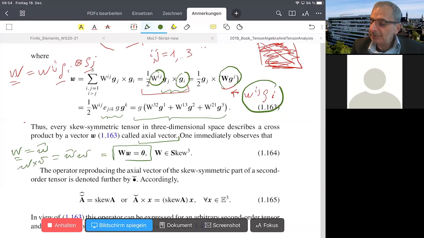It means nothing but the vector product of a vector by itself, right? Here, right? So, and also here, right? And which should be 0.